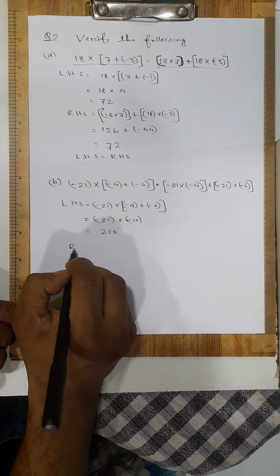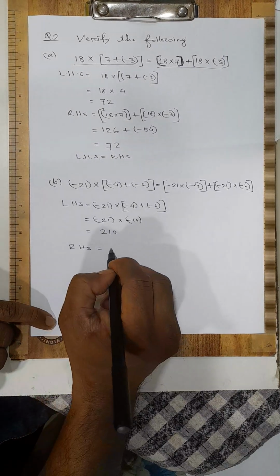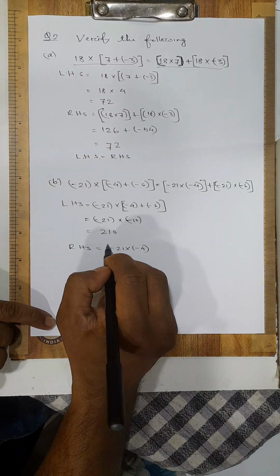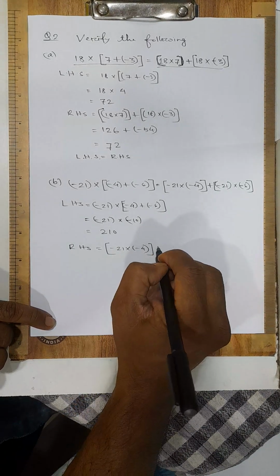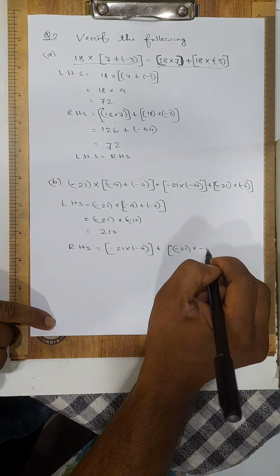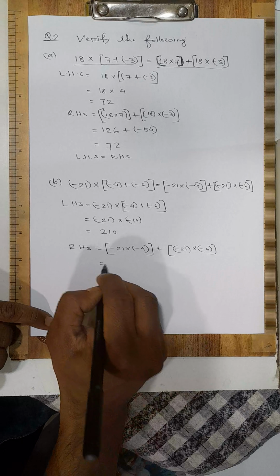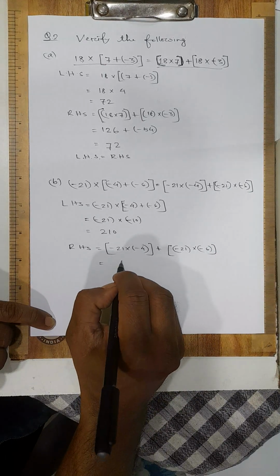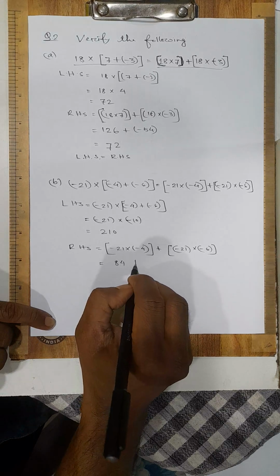Now let us find the right hand side here. Right hand side equal to minus 21 multiplied by minus 4 plus minus 21 multiplied by minus 6. So the product of two negative integers is positive. So 4 ones are 4, 4 twos are 8, 84 plus.